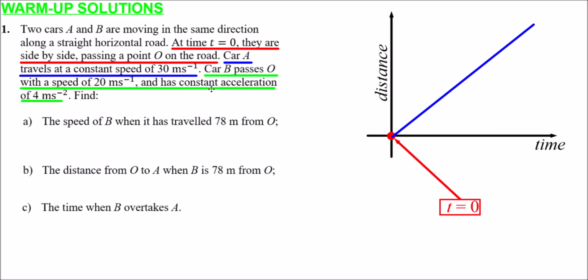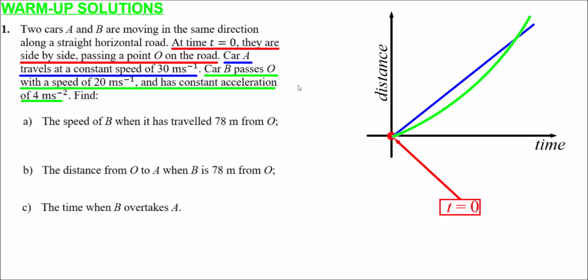And so the graph for car B would look curved, something a bit like this, where eventually the green curve for B will overtake the straight line for A. And this point here, where they intersect, that's going to relate to where the cars cross over. That's going to be where car B overtakes car A.